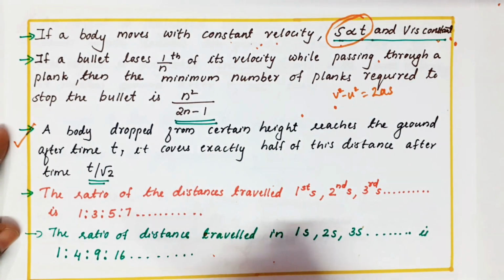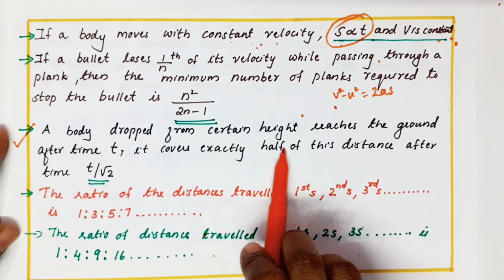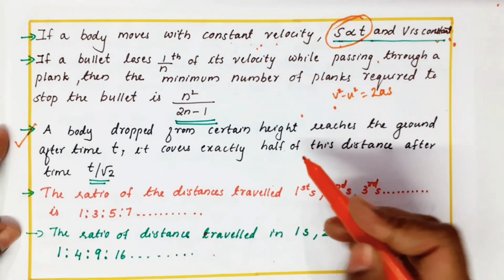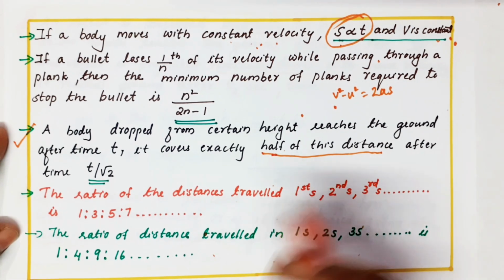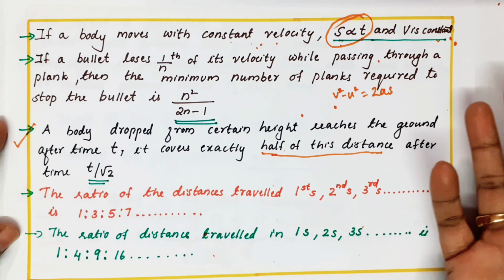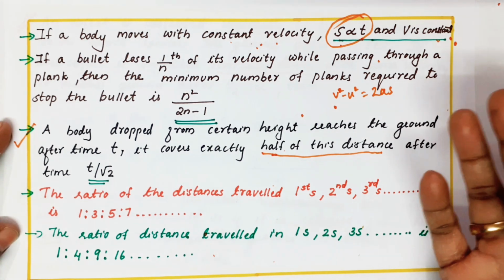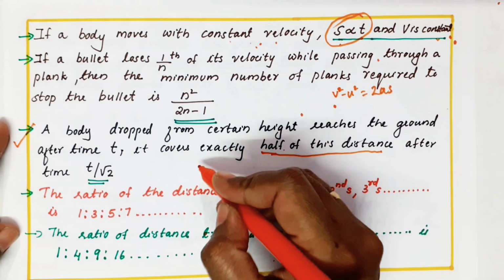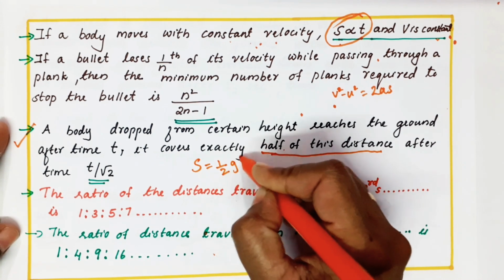Few people will misunderstand it many times. A body dropped from a certain height reaches the ground after the time t. It covers exactly half of the distance. Many people have the tendency to write t by 2 because it is exactly half the distance, so they think time will also be half. No. When the body is falling down, it is under uniform acceleration g. So if you want to cover half of the distance, actually we are using the equation s is equal to half gt square.